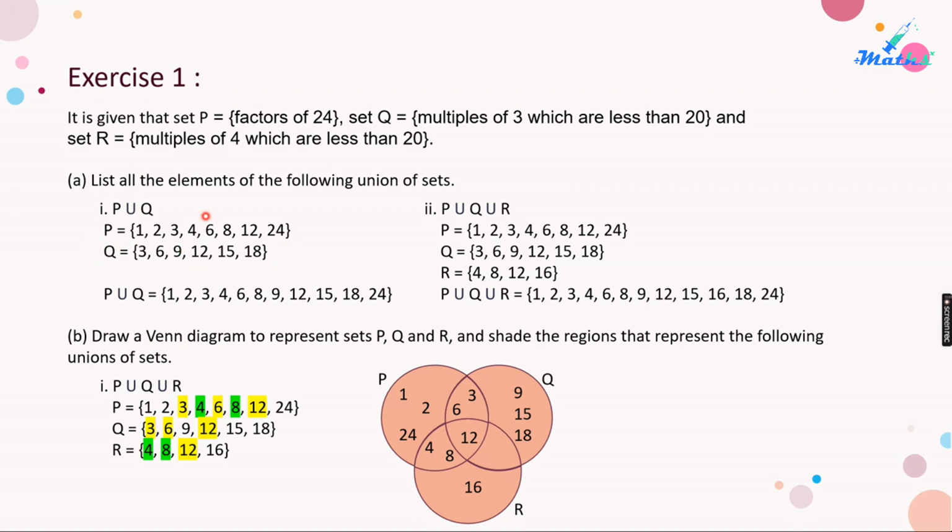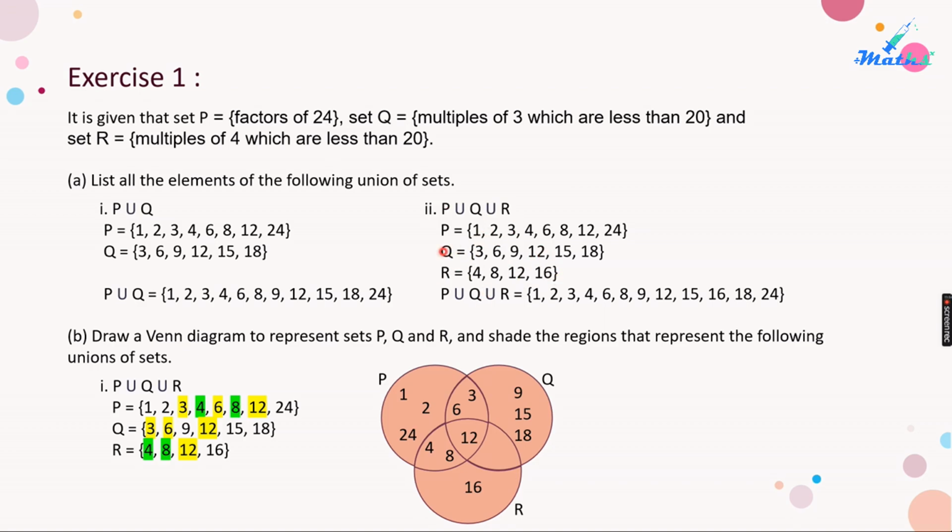We just combine all the elements of set P and set Q. Next, set P U set Q U set R. For P we have 1, 2, 3, 4, 6, 8, 12, and 24. For Q we get 3, 6, 9, 12, 15, 18. For R, multiples of 4 which are less than 20, we get 4, 8, 12, 16.